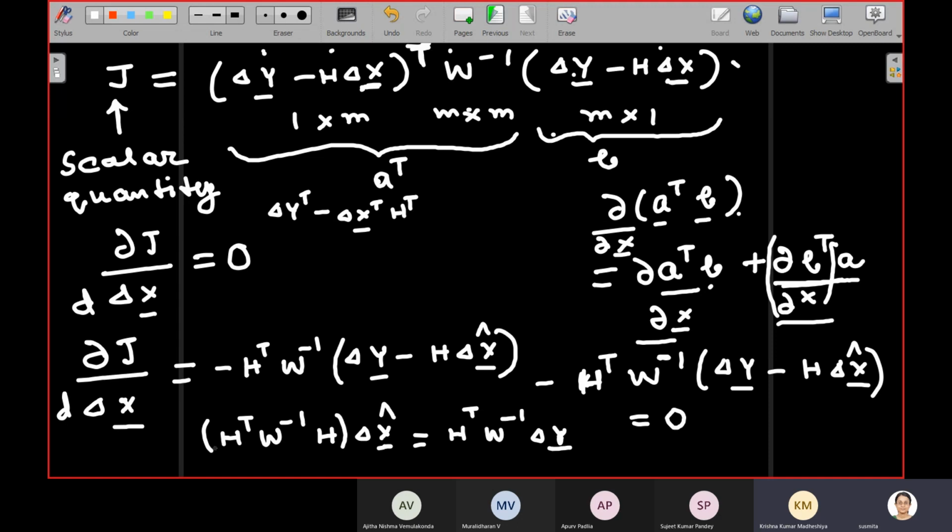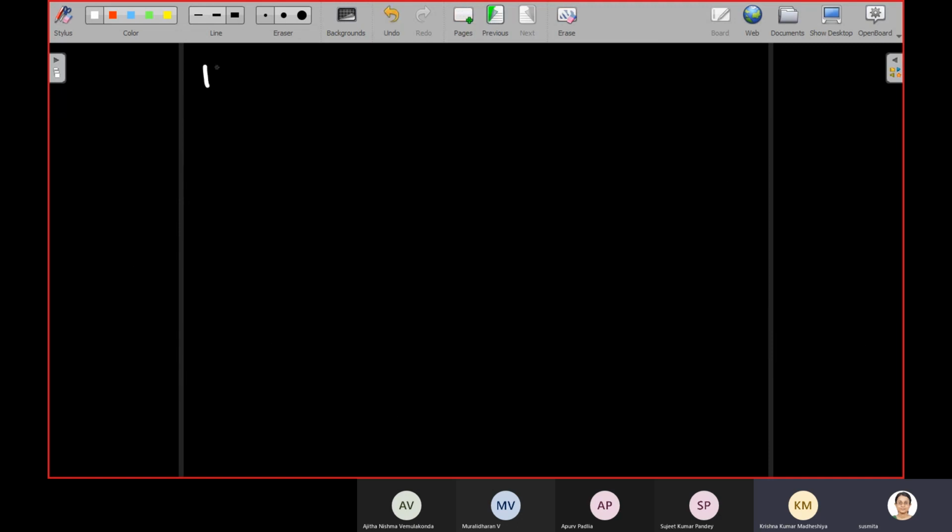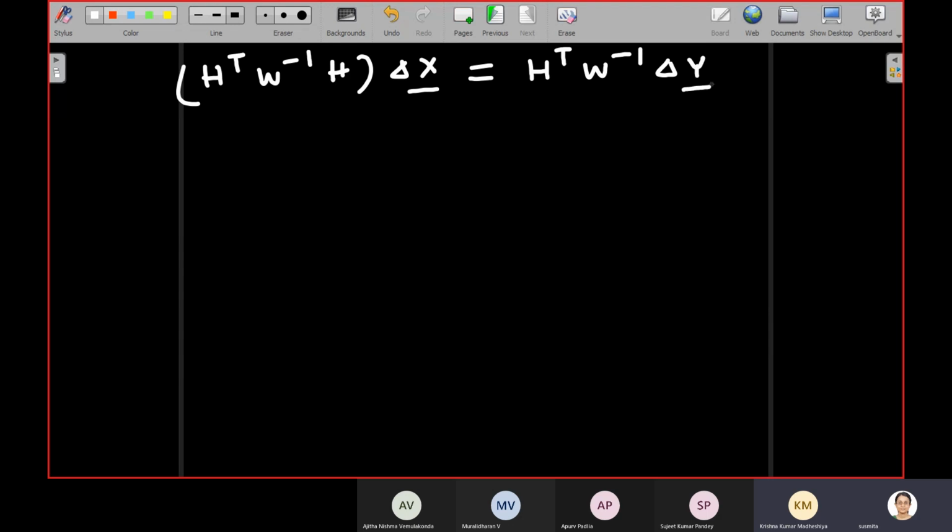How about this matrix? See, H is, let me write next page. So we have H transpose W inverse H times delta x, and then H transpose W inverse delta y. So what is the dimension of this one?